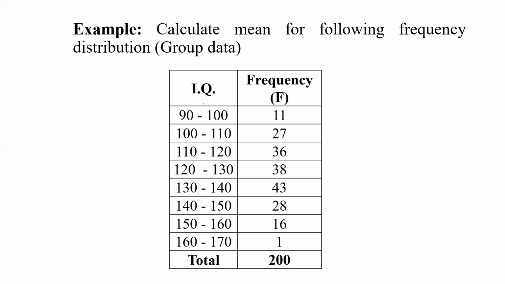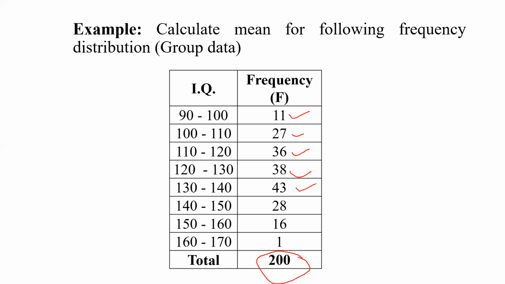So in this example, we have a frequency distribution. Suppose we have 200 students and the IQ level of the students is given in groups. There are 11 students whose IQ level is between 90 and 100, and 27 students whose IQ lies between 100 and 110, and there are 36 students whose IQ level is 110 to 120, and 38 students whose IQ level is 120 to 130.